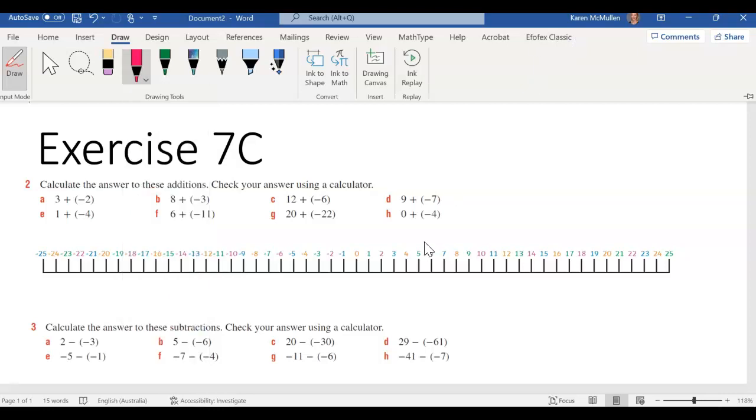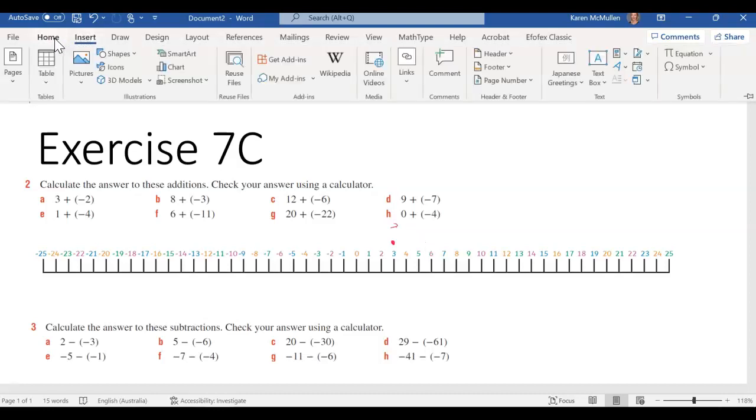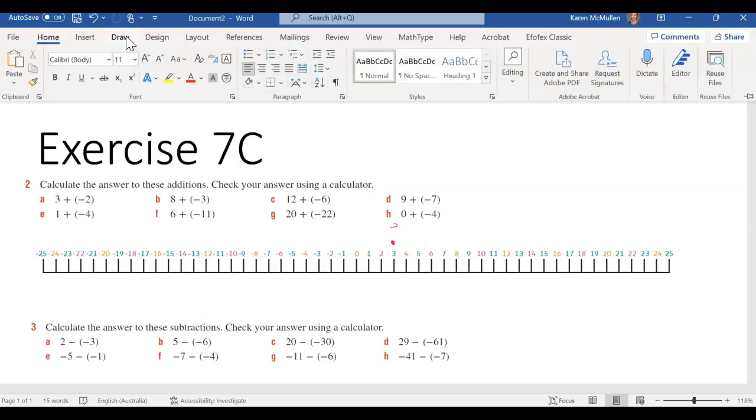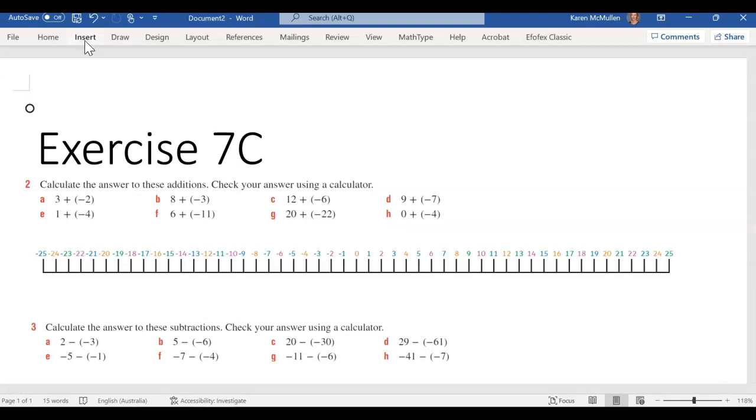For question A, always remember the first number is where we start. So I'm going to start here at 3. I'm going to put that on there. We're starting at 3, and we're going to face... it's a bit hard to do thinking on the spot because we don't have little Narelle with us, do we?